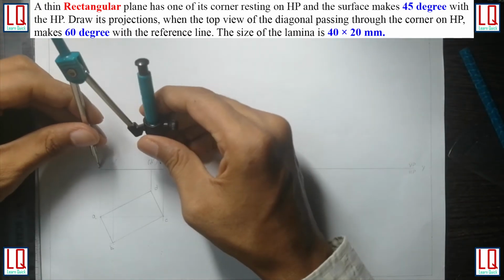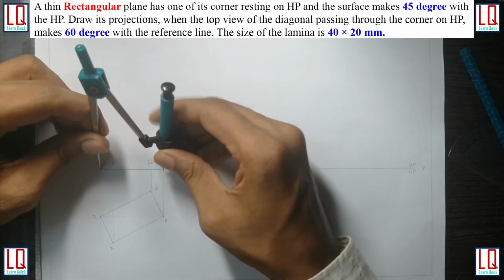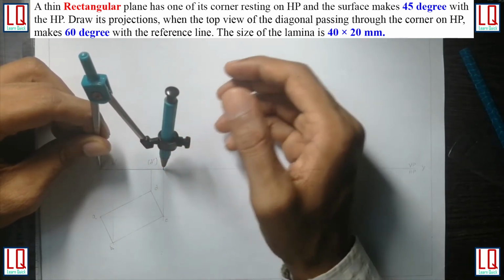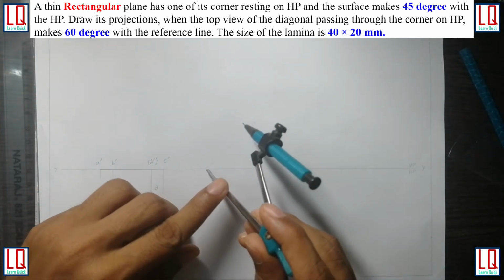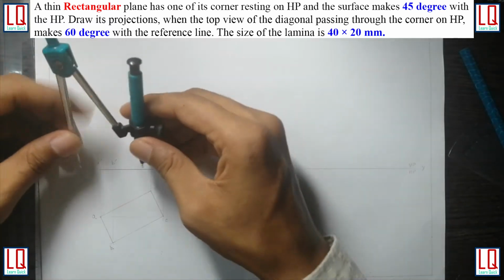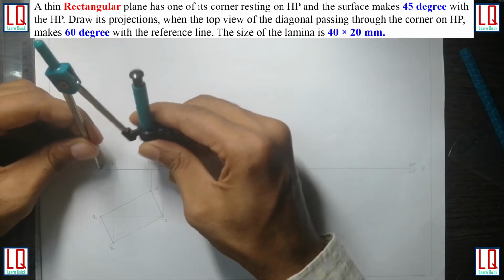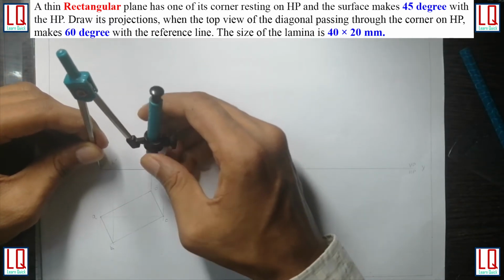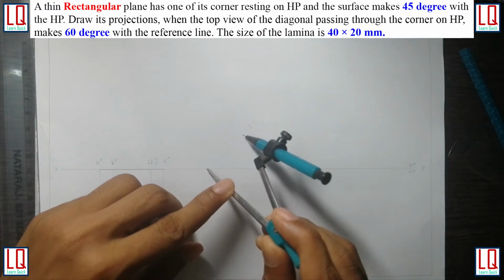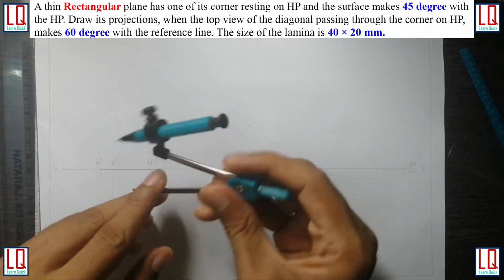Then measure the front view of the rectangular plane, A dash to C dash, and carry over the length from step 2 to step 3. Similarly measure A dash to D dash and then carry over.